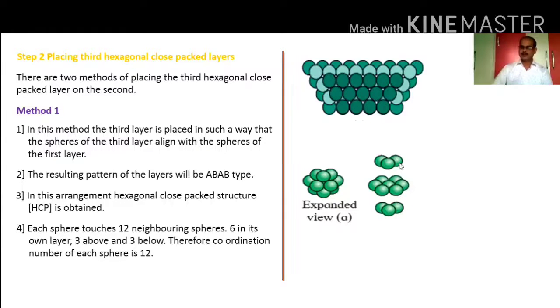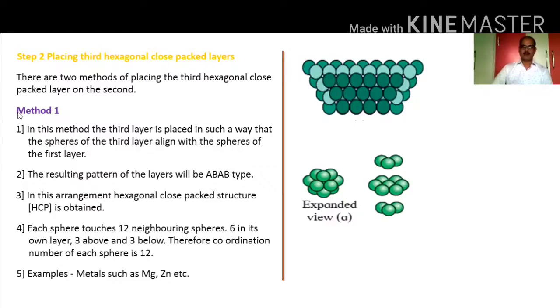So 6 plus 3 plus 3, that comes out to be 12. So the coordination number of each sphere is 12. Metals like magnesium, zinc, they are having HCP type of three-dimensional arrangement, that is hexagonal closed packed structure.